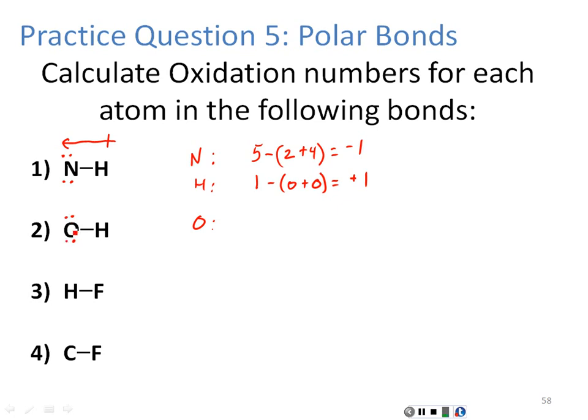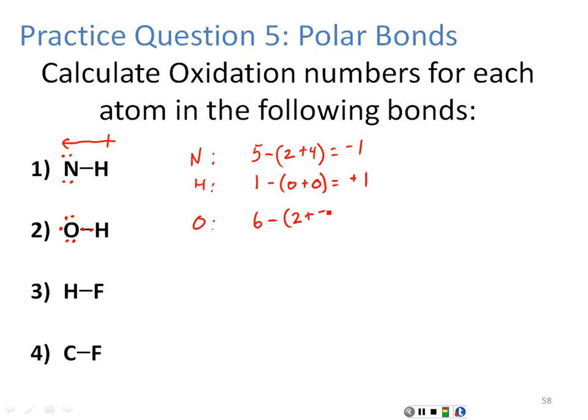It helps to complete the Lewis symbol. So if we think about these as Lewis symbols, hydrogen has 1 electron, oxygen has 6. So oxygen would normally have 6 valence electrons. It's more electronegative than hydrogen, so it gets both shared electrons.